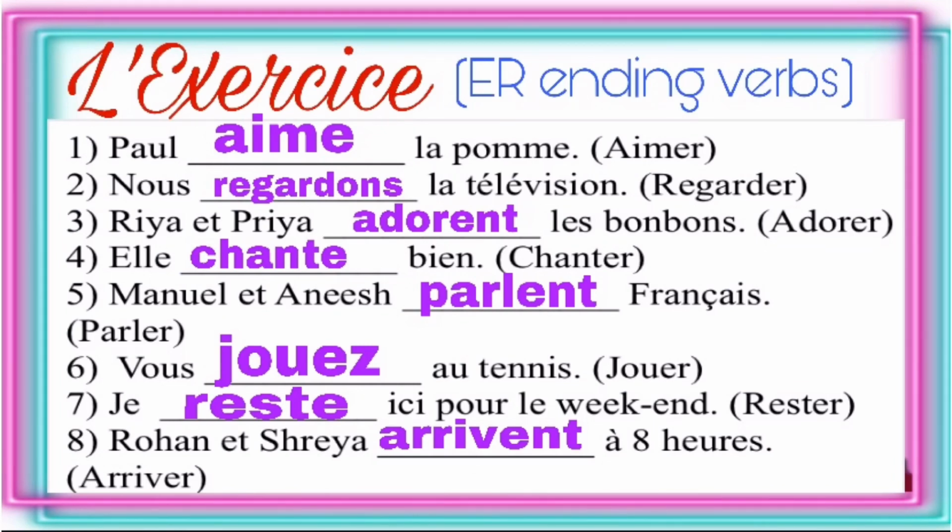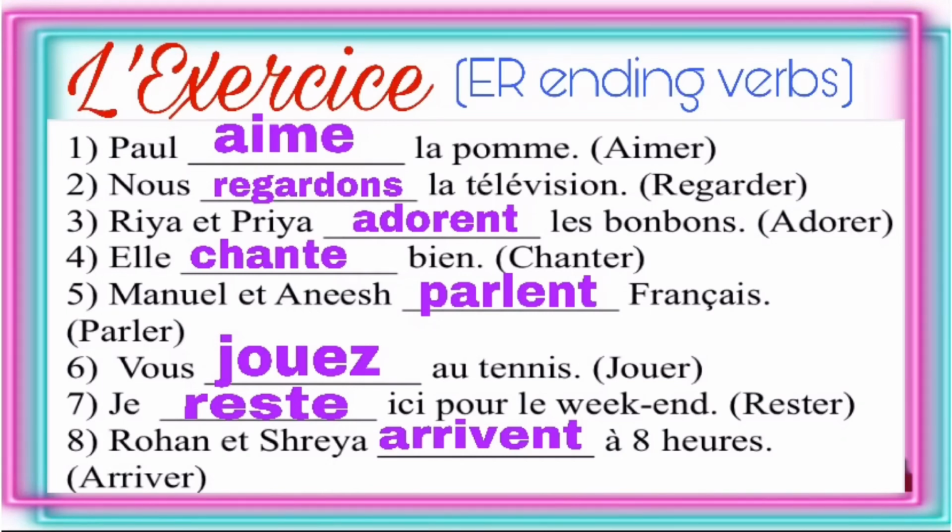Third one is Ria et Priya. Now in the subject there are two girls, Ria and Priya. So we will conjugate the verb according to elle plural. So we will cut er from adorer and put ent. So it will become adorent. Now fourth one is elle dash bien, and the verb which is given in the bracket is chanter, which means to sing.